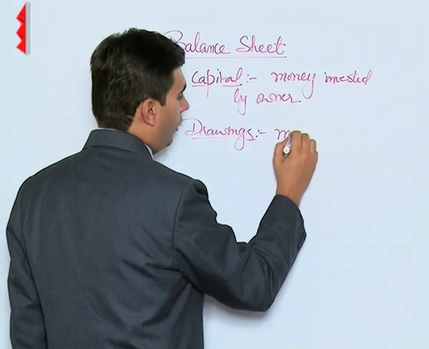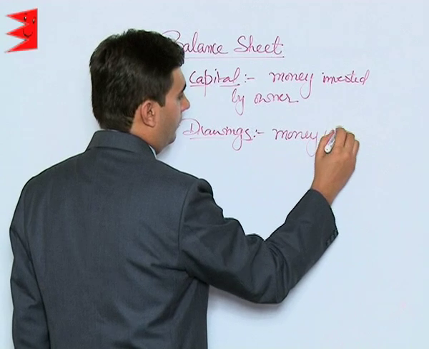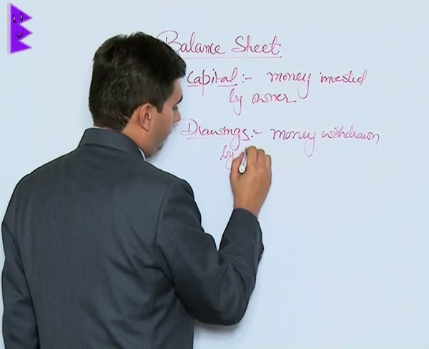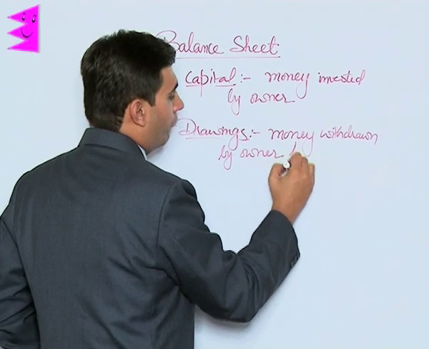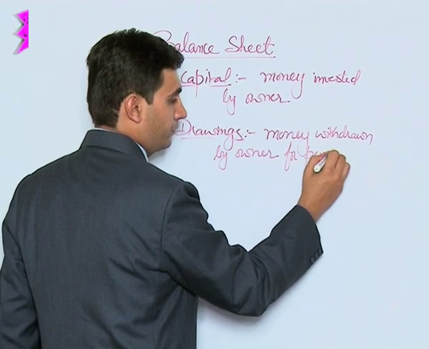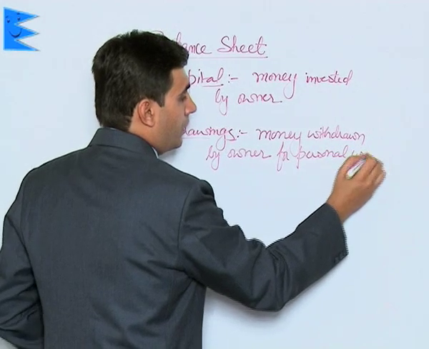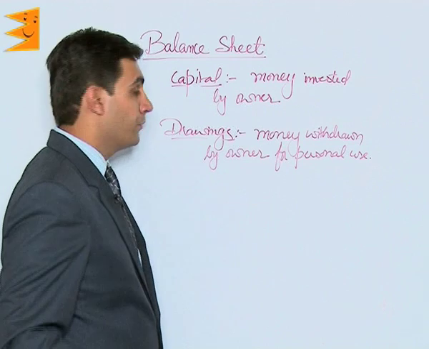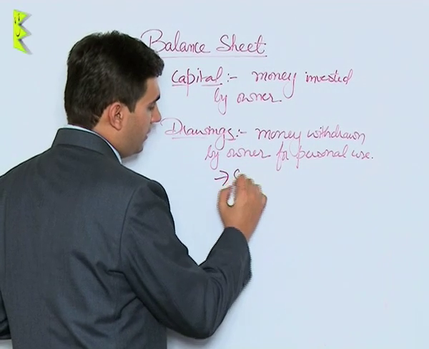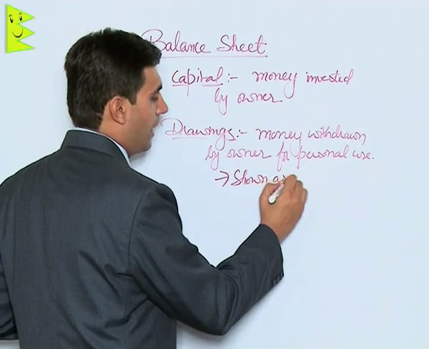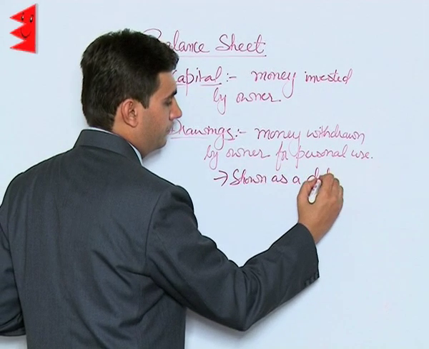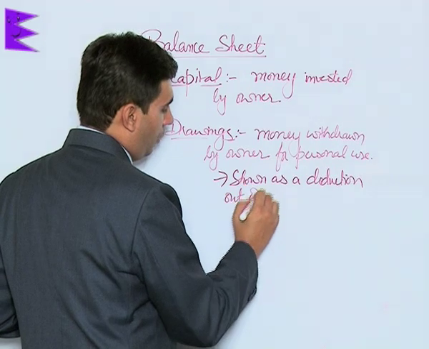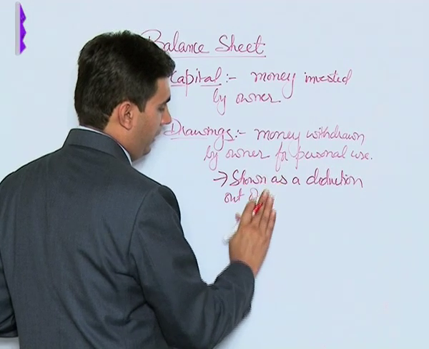It is money withdrawn by owner for personal use. Remember, this amount so withdrawn by the owner for personal use is shown as a deduction out of capital.